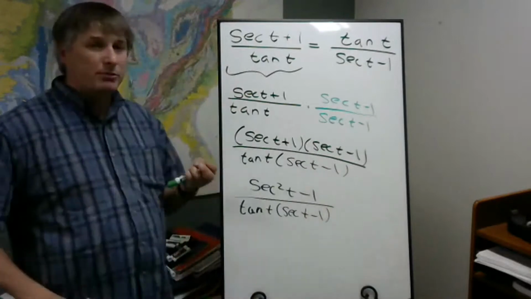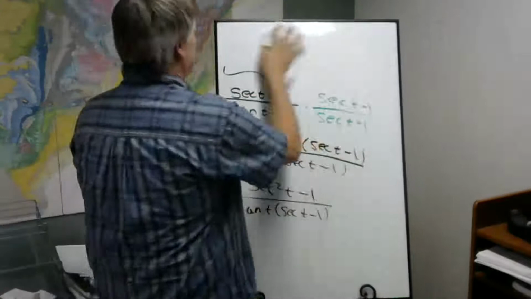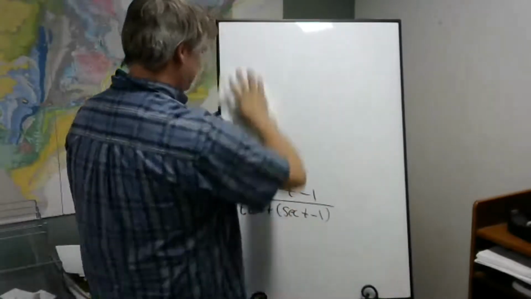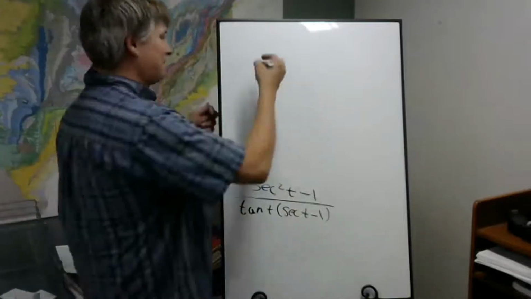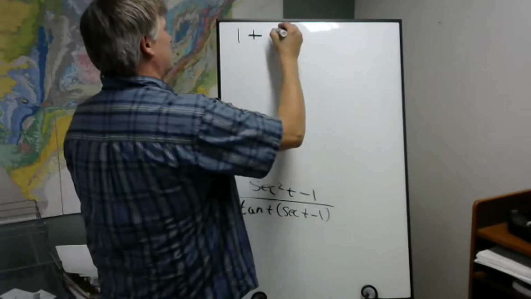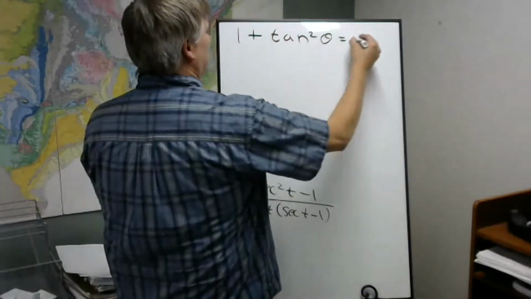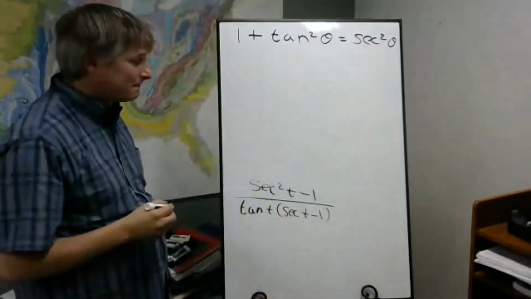Now, here you want to break out your knowledge of the Pythagorean identities. So, recall that 1 plus tangent squared theta equals secant squared theta.